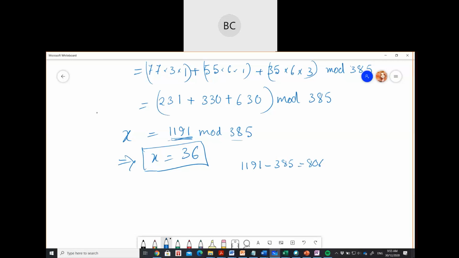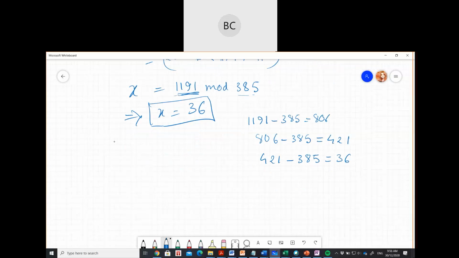So 806 is greater than 385, so 806 minus 385 is 421. Still bigger than 385, 421 minus 385, and the value is 36. Since 36 is less than 385, our main solution is x equal to 36.